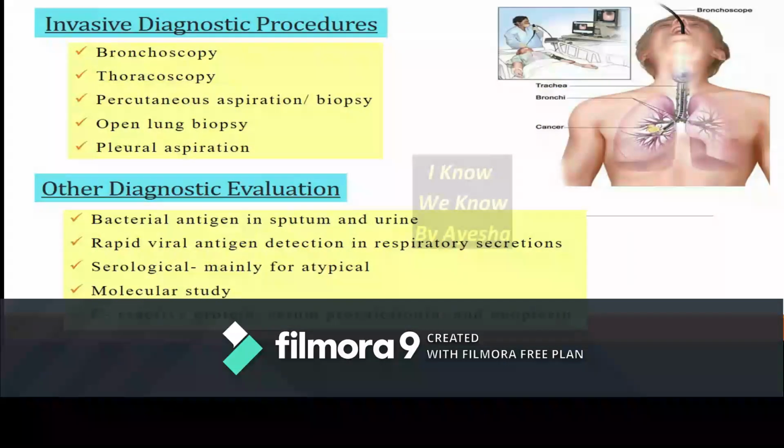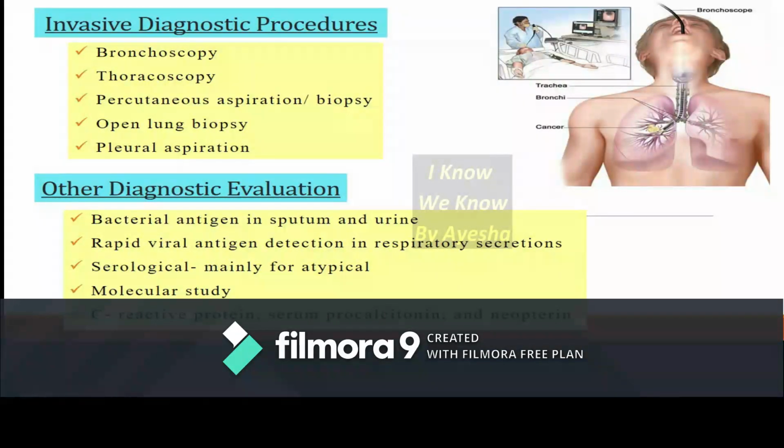The diagnostic procedures can be continued as invasive procedures, in that bronchoscopy, thoracoscopy, percutaneous aspiration or biopsy, open lung biopsy, pleural aspiration, whereas the other diagnostic evaluations are bacterial antigen in sputum and urine, and rapid viral antigen detection in respiratory secretions.